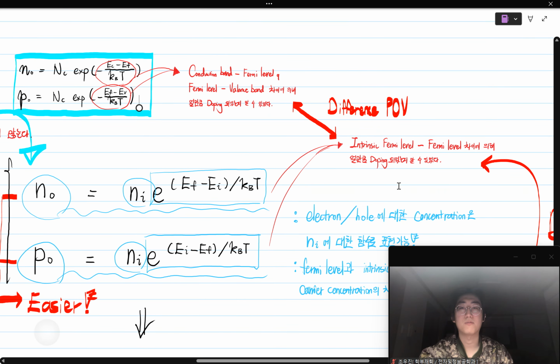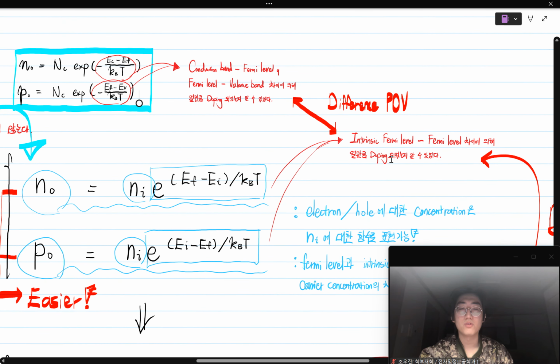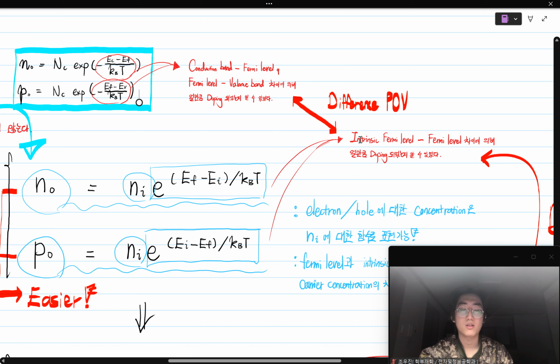But this is quite different, because both equations let us know how many dopants are doping in the semiconductor.